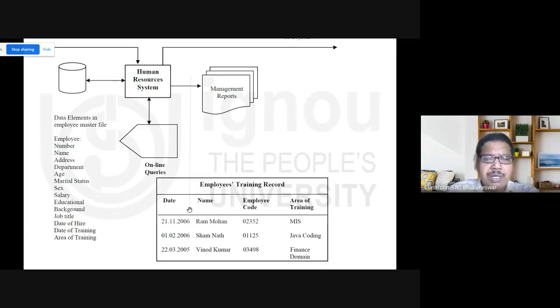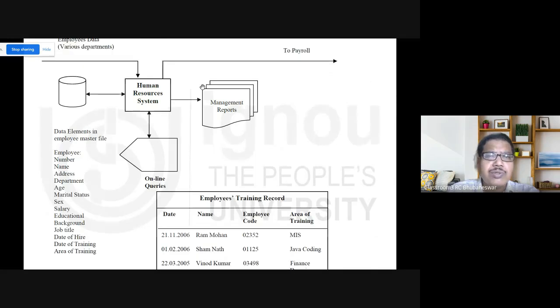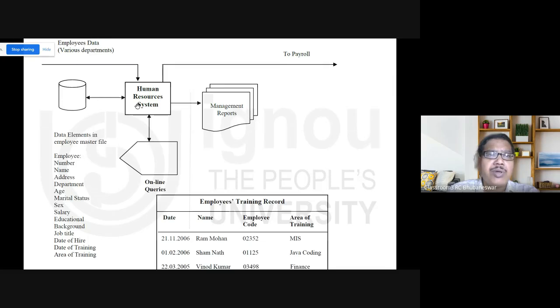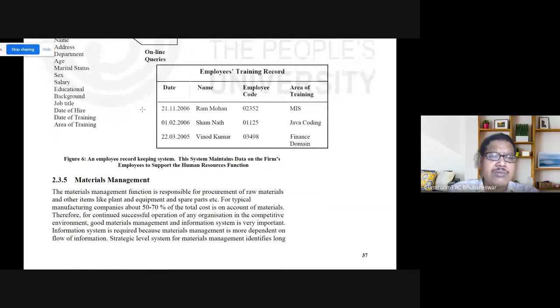So there are many questions coming, we are answering them, based on which the reports have to be generated. And your payroll will be generated from that, how better you are working, and inputs will be given from the employee data only. So this is how your HR system works.